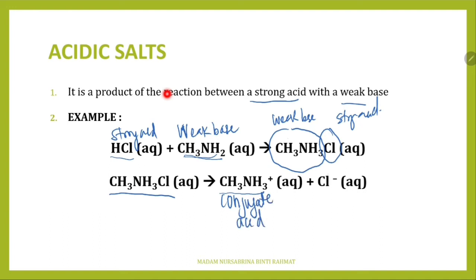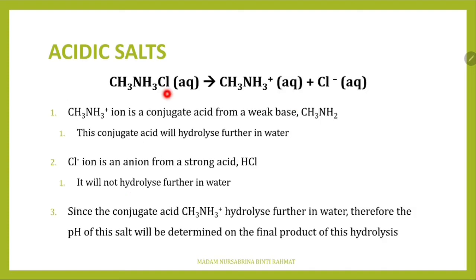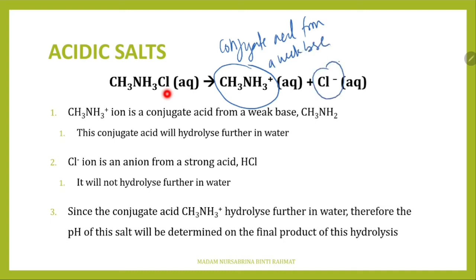Cl- comes from a strong acid, so it's just an anion. So CH3NH3+ is the conjugate acid from a weak base, whereas Cl- is the anion from a strong acid.